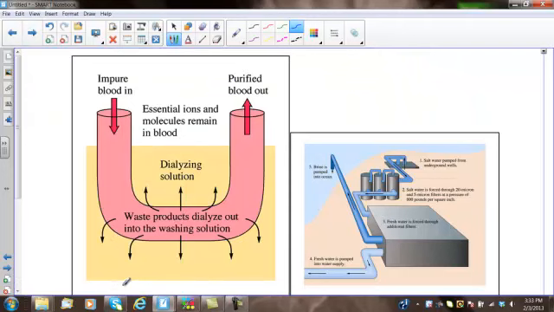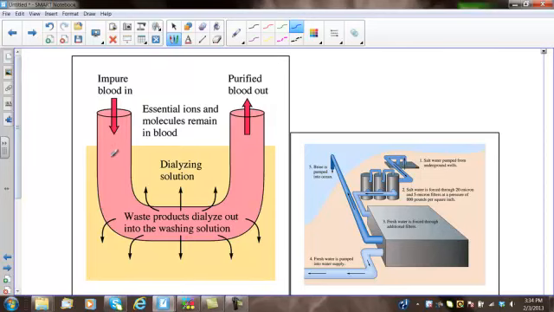Okay, let's look at some other applications of osmosis that are important. On the left here, we have a picture that shows the functioning of an artificial kidney. One of the most important applications of dialysis is the use of artificial kidneys or kidney machines to purify blood.